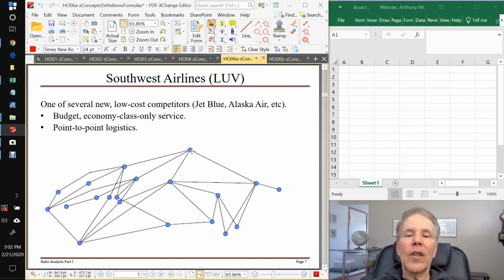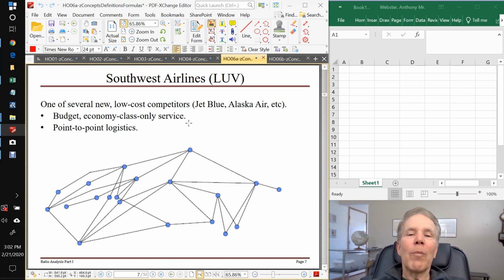Its logistics model was that spider on LSD model, where they would just opportunistically buy gates at airports as they became available for lease if they thought they could fit them into their existing drunken spiderweb and help them make more money. So that's called point-to-point logistics. And they only had 737s. That's come back to haunt them with the 737 MAX problem right now.